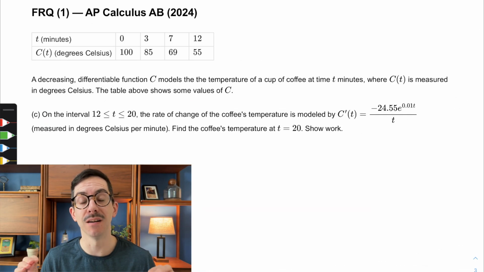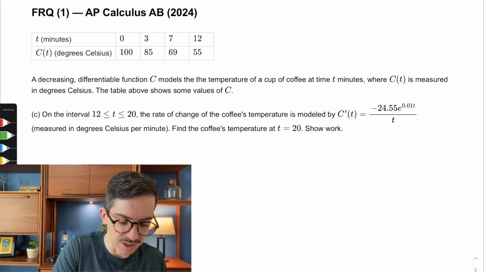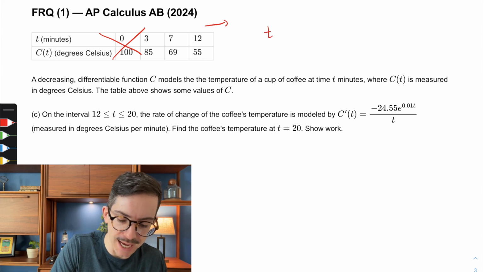Let's crack on. Now, we have not needed our calculator yet, but in part C, we absolutely will. The table of values is actually going to be done for us, because now we're looking at t between 12 and 20.